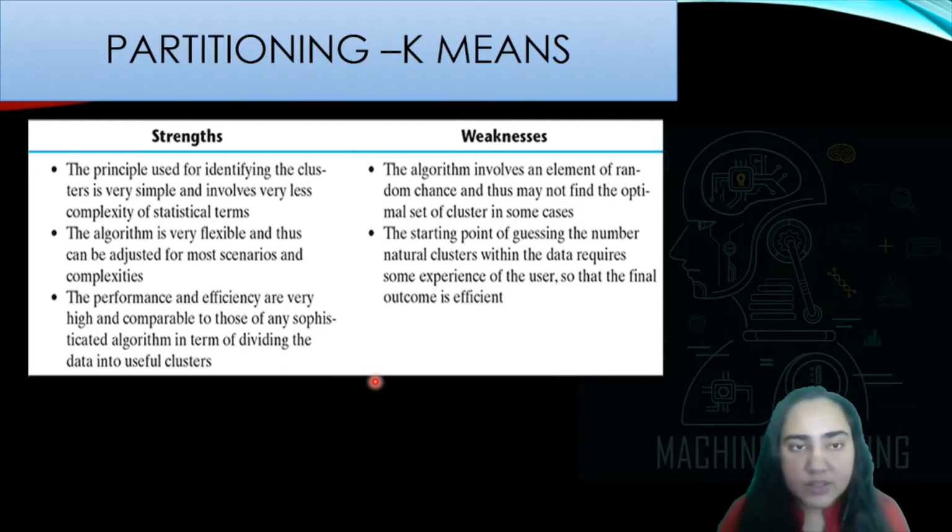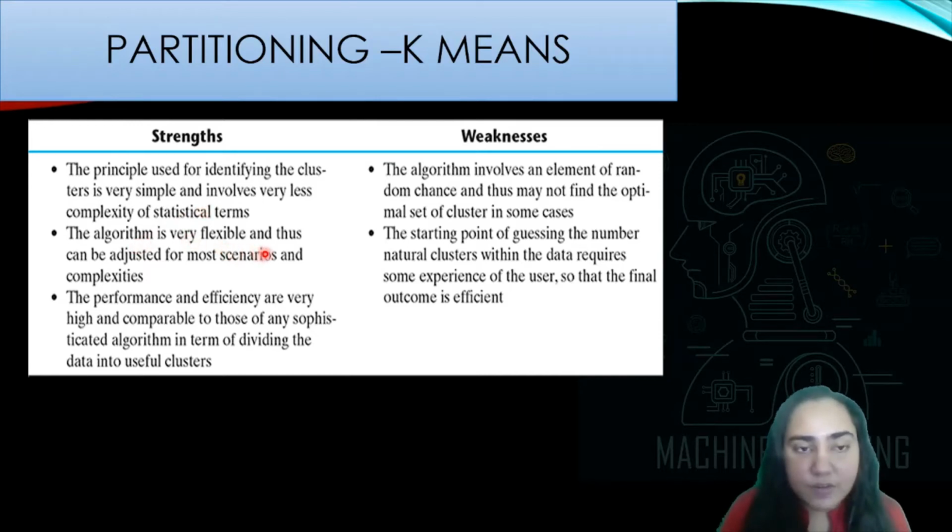Now let's take a look at some strengths and weaknesses of the K-means algorithm. The advantage is that the principle used for identifying the clusters is very simple, and it involves very little statistical complexity. So this algorithm is very easy to implement and to understand.